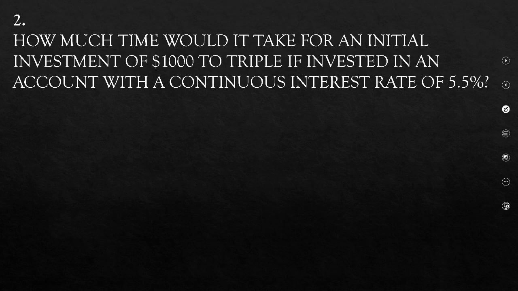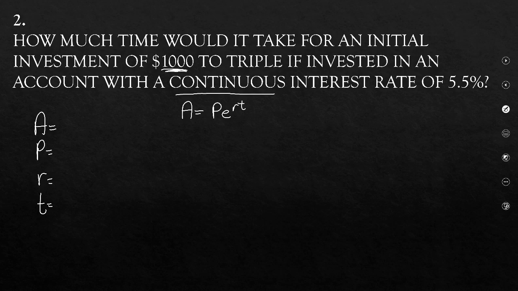Very, very similar setup. Again, continuous interest rate. So we have A equals P multiplied by e to the power of RT. We have A as our final amount, P is our initial, the rate, and then our time. So our initial investment is 1,000.